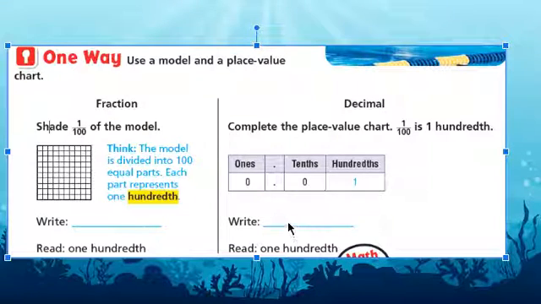Remember how we talked about in our last lesson that you always want to put a 0 in front of our decimal if we don't have a whole number. So 0 and 1/100th. We have 0.01, 0 and 1/100th, and it is read as 1/100th.